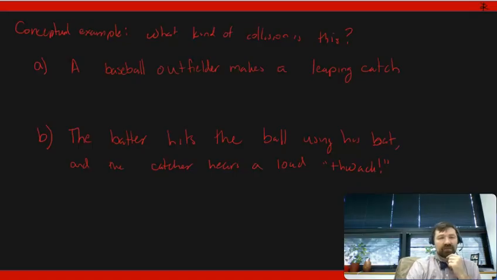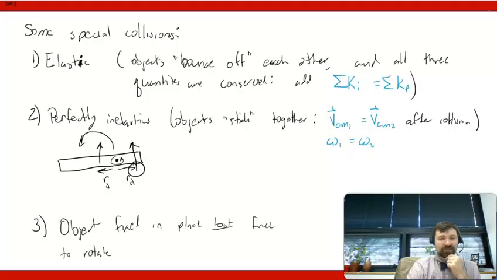Well, it's not really going to be an elastic collision because you hear that loud sound. You've taken some mechanical energy from the system. The two objects aren't going to stick together because the ball obviously has now been hit to the outfielder who made the leaping catch. But you can look at the collision between the bat and the ball.